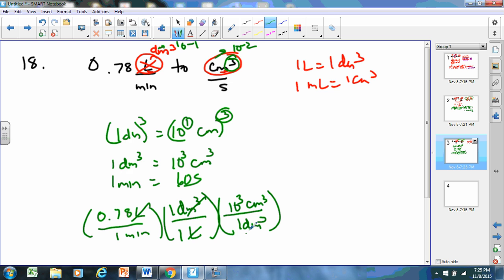This cancels this. And now minute is on the bottom, so 1 minute is on the top, is 60 seconds. And in the calculator you put 0.78 times 1,000 divided by 60, because everything else is ones.